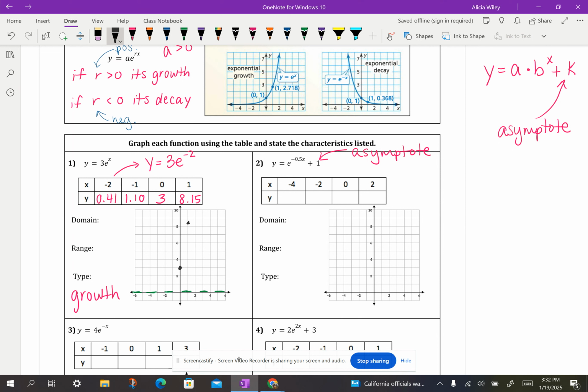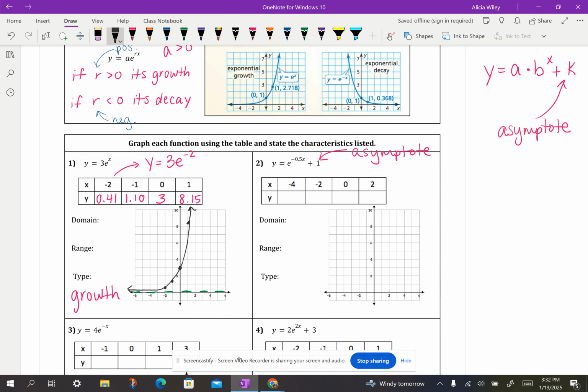I don't know why I do the positives first, but I did. Then -1, which is up 1 and then a little bit, and then -2, which is up almost halfway. So you can see that over here our graph connects and it's growing, going left to right. Make sure that as you graph this, it goes right along the asymptote arrows on each end.